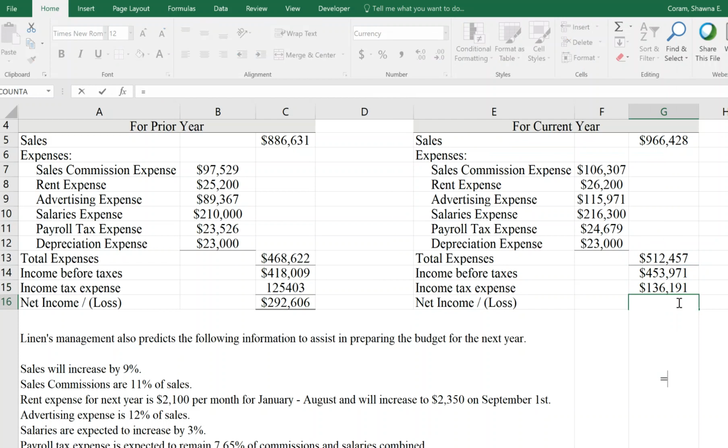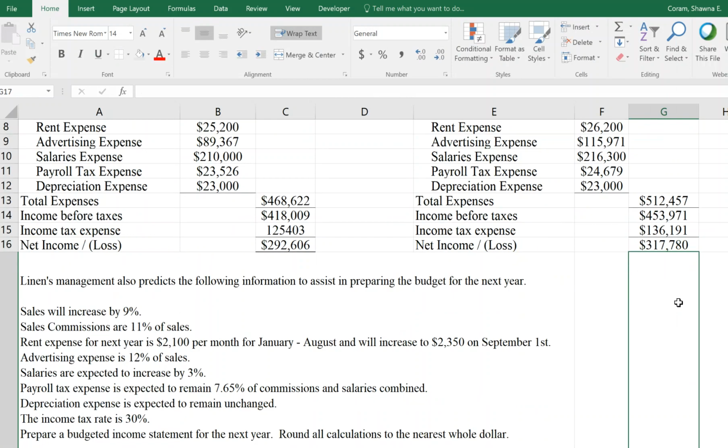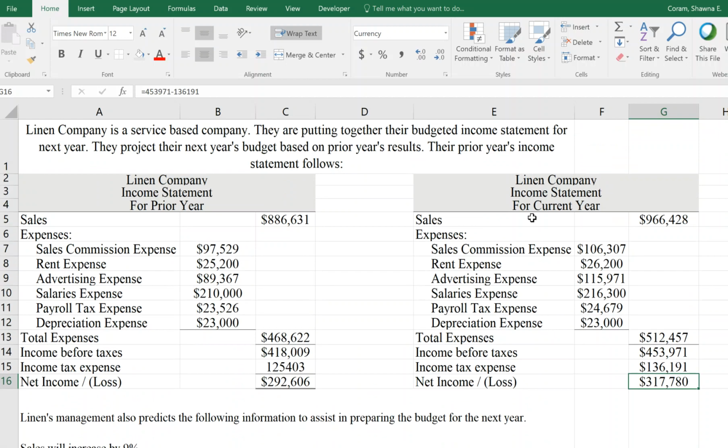So if I take my 453,971 income before taxes, subtract the taxes of 136,191, I get $317,780 as net income. So this would be my forecasted income statement. And this is based on my prior year's income statement, taking into account all the adjustments.